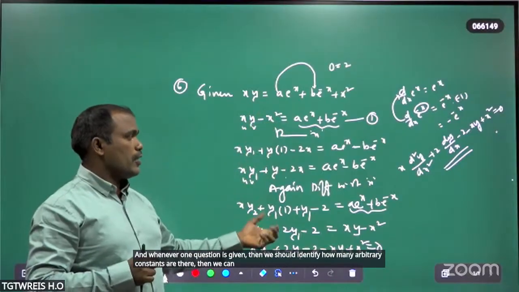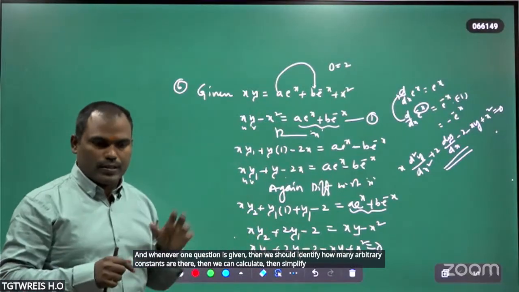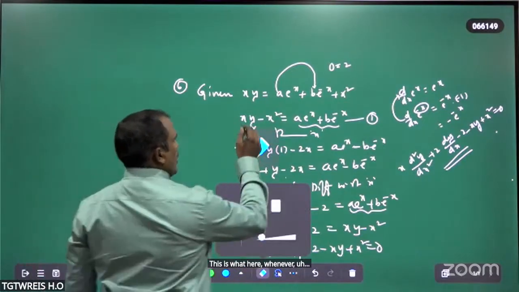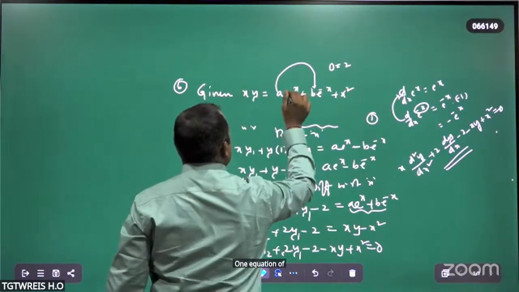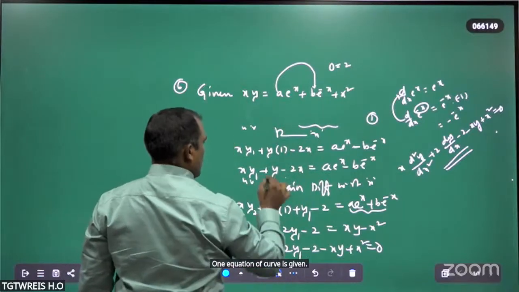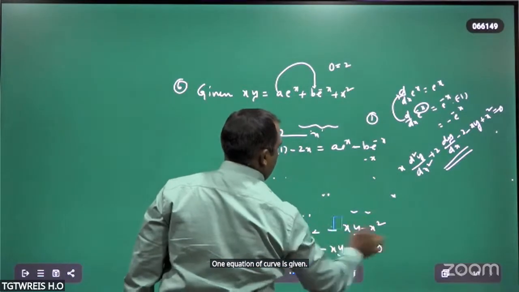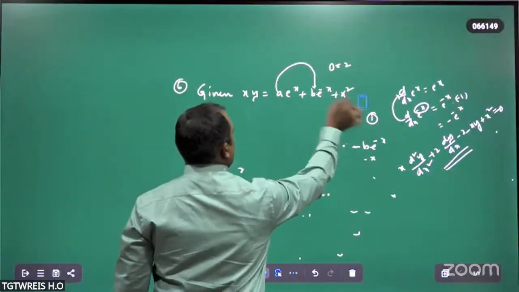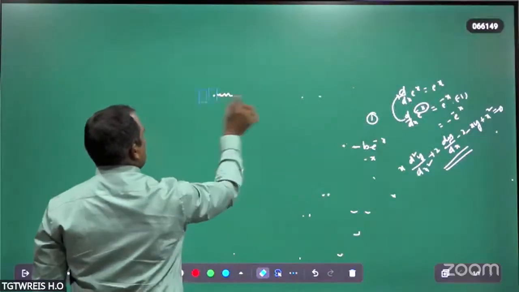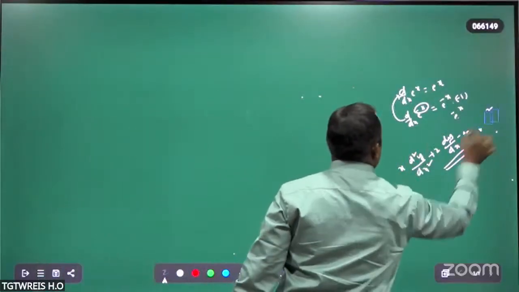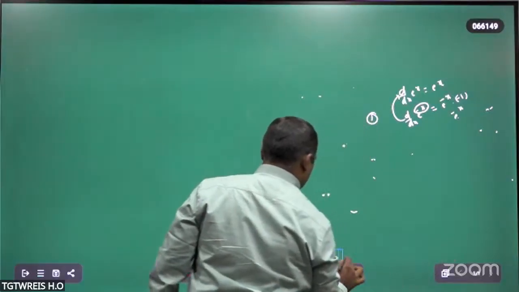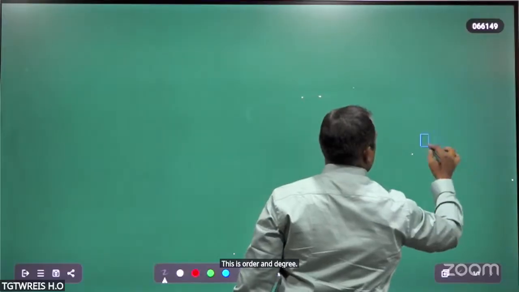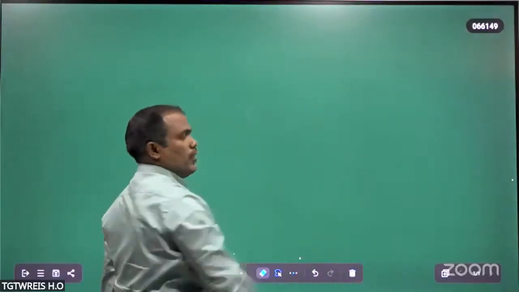Then we can calculate and simplify, and we are getting this answer. See, this is order and degree.